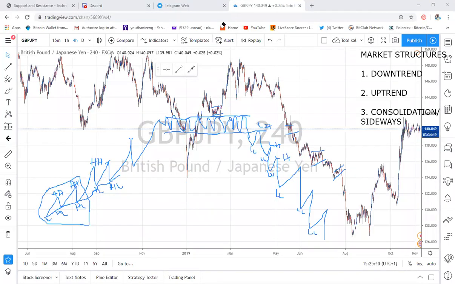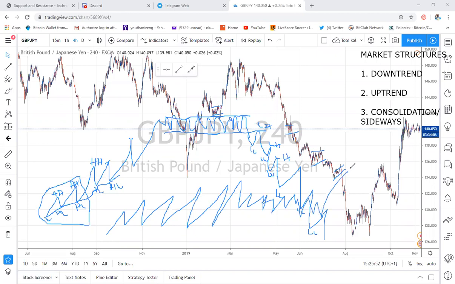I'm very bad with drawing, but please try and understand what I'm trying to say. So at the top side it keeps creating new highs, and then could do something like this, and then this. This structure still remains an uptrend, because a higher low has not been created.